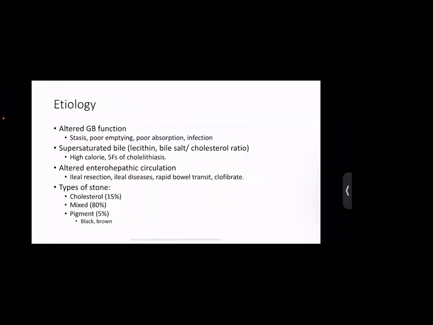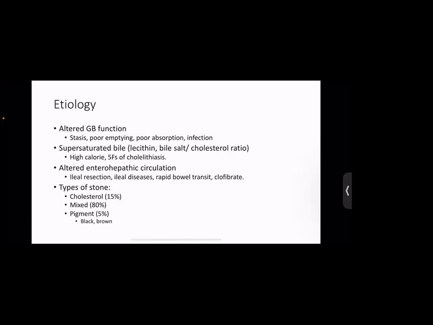The etiology of calculus cholecystitis, or the etiology of gallstone formation, can be broken down into altered gallbladder function, supersaturated bile, and altered enterohepatic circulation. Now, in some books, they tend to divide it into metabolic, infectious or infestation, bile stasis, and obstruction of enterohepatic circulation, which are all encompassed in the way I separated it here.